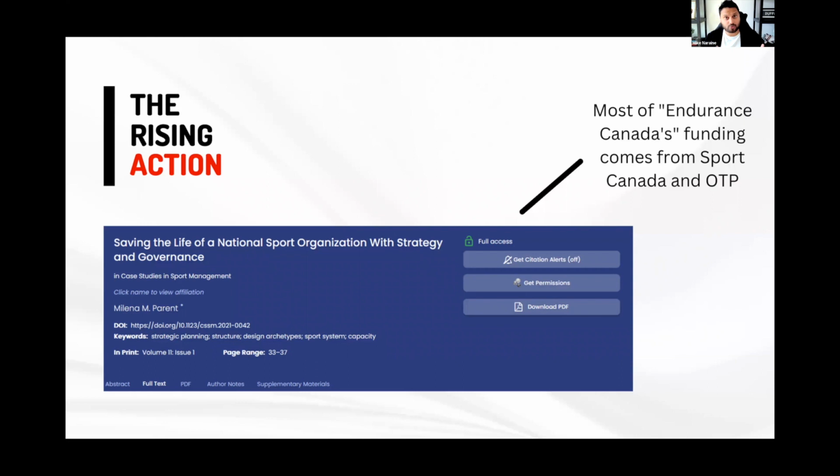And as we fast forward to the details and get to the rising action, one of those breadcrumbs is the data point that's brought up, which is, quote, Endurance Canada's funding comes from Sport Canada and Own the Podium. Now, to the average person, unbeknownst to some, that might just be a sentence that exists in the story that is mundane or irrelevant.